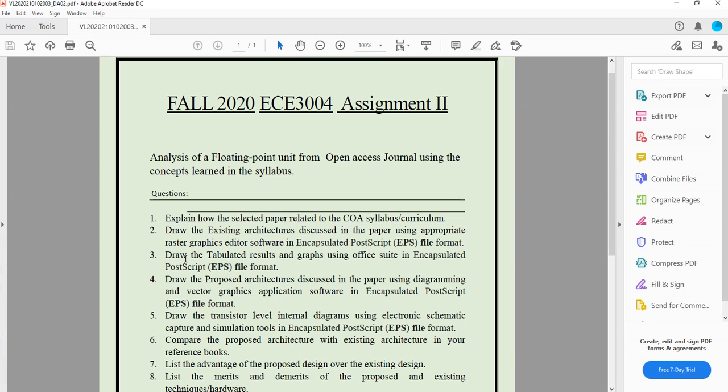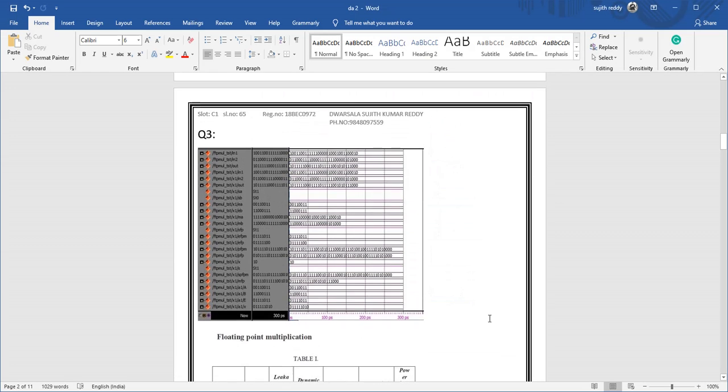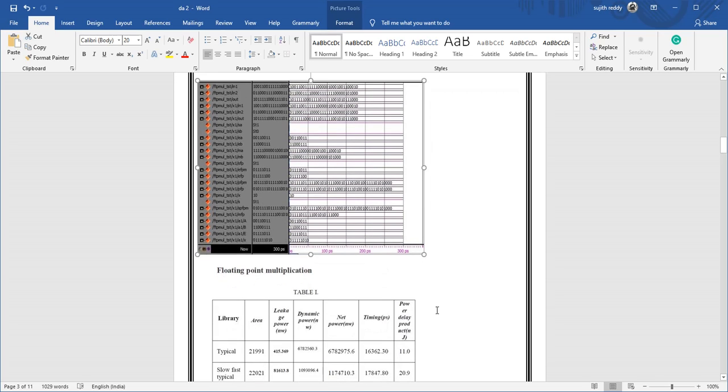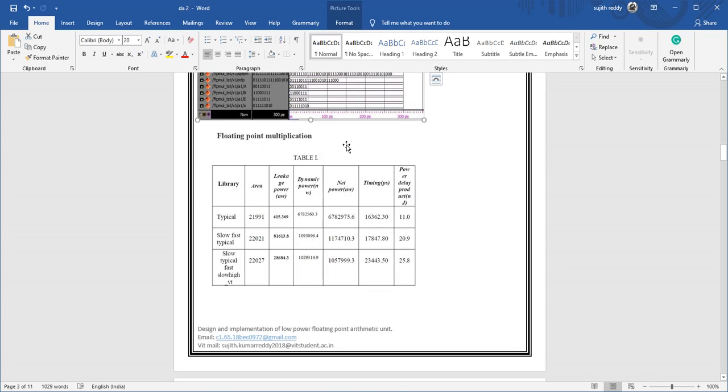Draw the tabulation results and graphs using Office Suite in encapsulated PostScript file format. Let's see, this is how the graphs are represented. In the picture you can see all the code running and the calculations happening. This is a floating point multiplication table.